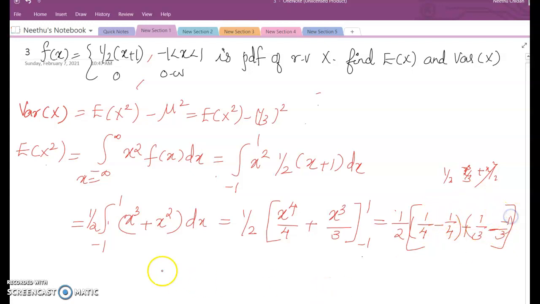So now that is equal to 1 by 2, first term 0, second term 1 by 3 plus 1 by 3, that is 2 by 3. Therefore it is 1 by 3. E of x square is 1 by 3.